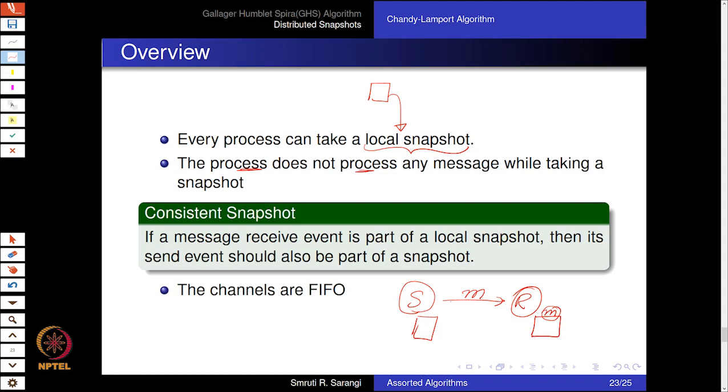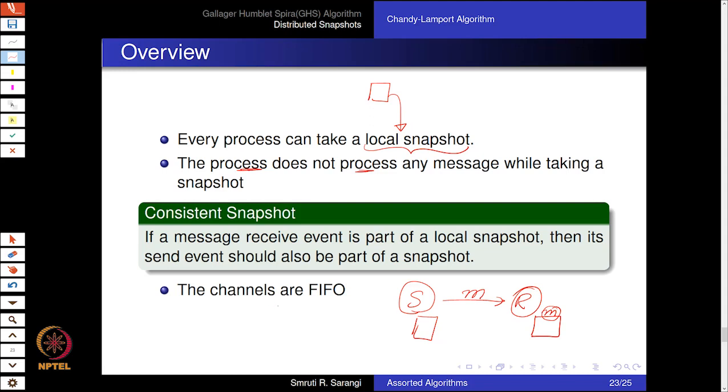That should never be the case, right? So if the receive event is there, the send event should be there. That is the only requirement for consistency. There is no other requirement per se. Alright. If in a distributed system we were to take such a snapshot, it would at least give us a photograph, which of course is not instantaneous, but might give us enough information to debug and find the source of a problem.